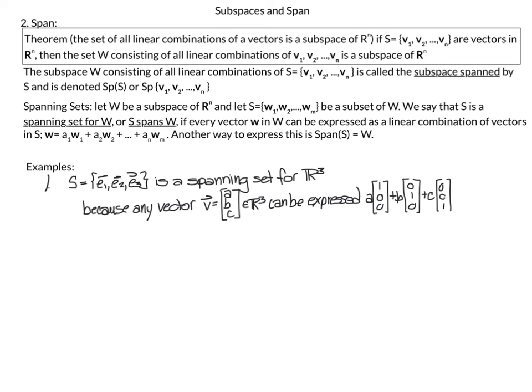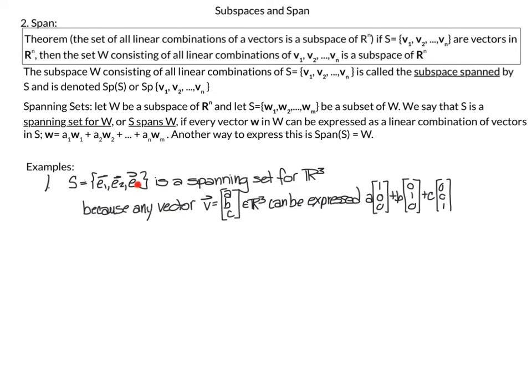A quick example, so if S is equal to the standard basis E1, E2, E3, and if you remember, the standard basis E1 has zeros everywhere except in the first coordinate. E2 has zeros everywhere except in the second coordinate because it's E2.